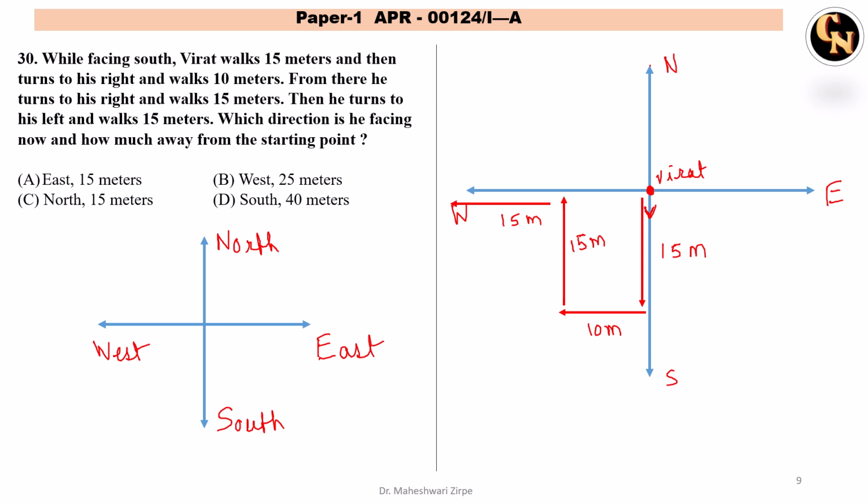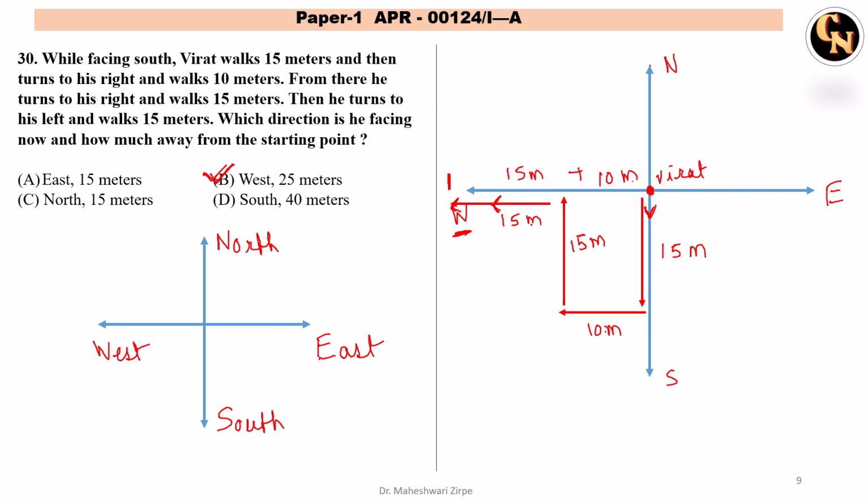Now what they are asking is, which direction is he facing now? When he is going this direction, 15 meters, which direction is it? It is west. So among the options you can see only one option has west, that is B. Let us see if our option is correct, because they have given west direction, 25 meters. So here 10 plus 15, the total distance covered by Virat from the starting place up till here will be 10 meters and here it is 15.